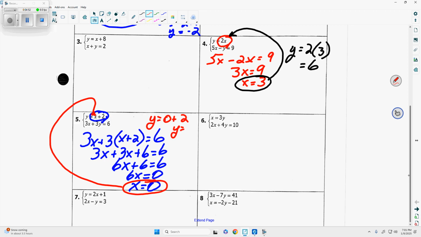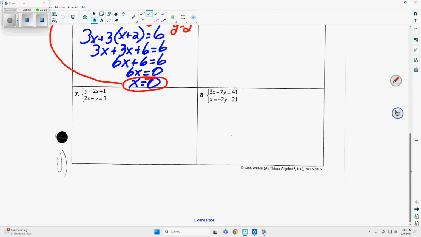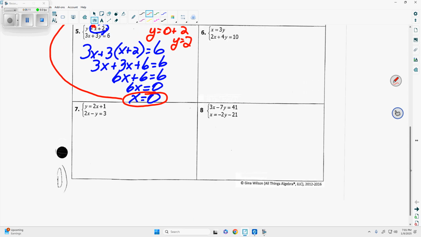Okay, so that was number 5. Let's continue. Number 8. Okay, this is the x. It's going to go right there. So it's going to be 3 and then negative 2y minus 21 minus 7y equals 41. This is a good way to jumpstart your brain, by the way, because we've been off for 3 weeks.